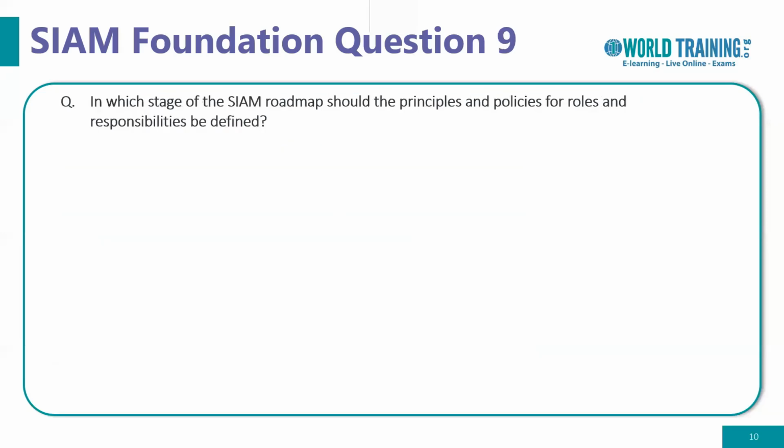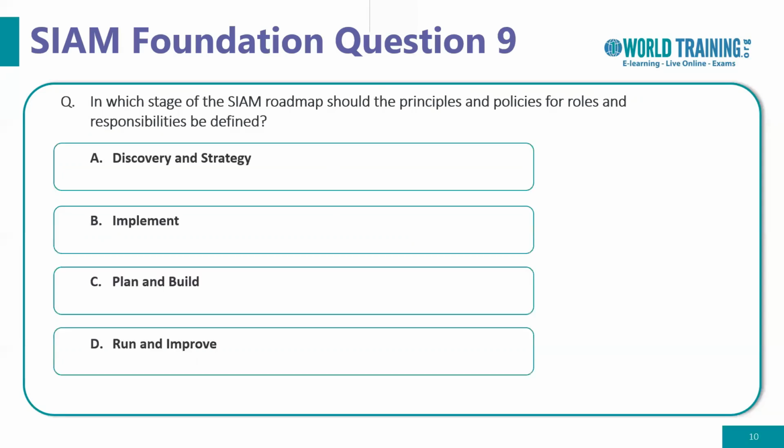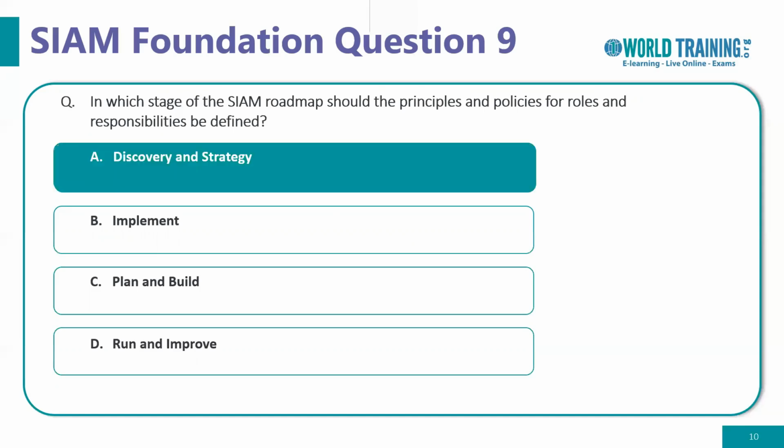In which stage of the SIAM roadmap should principles and policies for roles and responsibilities be defined? So which is the roadmap stage where policies and principles for roles and responsibilities are decided? Again, it's a very straightforward question, and the answer could be discovery and strategy, because this is where you decide the policy and principles.